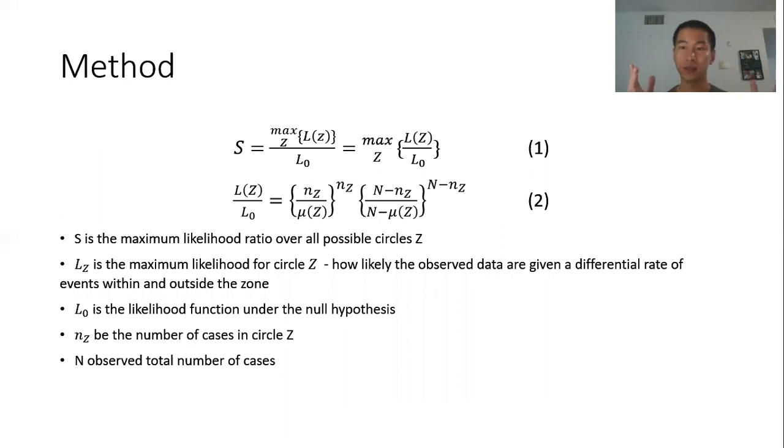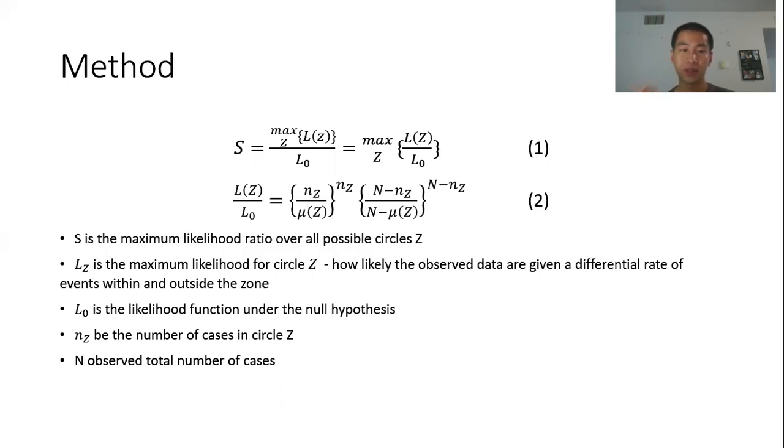Here, you can see the formula we define our scan statistic. Here, capital S is the scan statistic, and it is basically just the maximum of the likelihood ratio. The numerator of that ratio is the maximum likelihood for the circle, the area covered by the circle. That means how likely the observed data are, given a differential rate of events within and outside the zone.